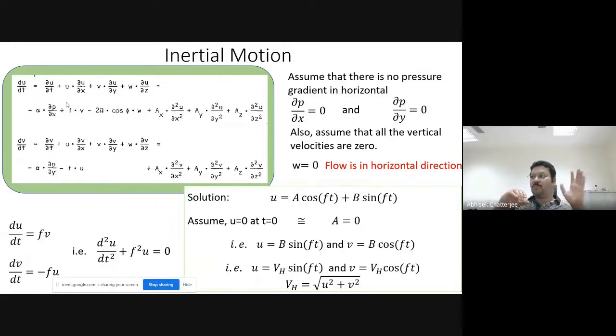But if the wind stops abruptly, what will happen to the ocean? The ocean will not stop abruptly, so it will continue to flow for some time. And this kind of flow is called inertial motion. That happens due to the inertia, that's why the name is inertial motion. So we are trying to look at such motions.